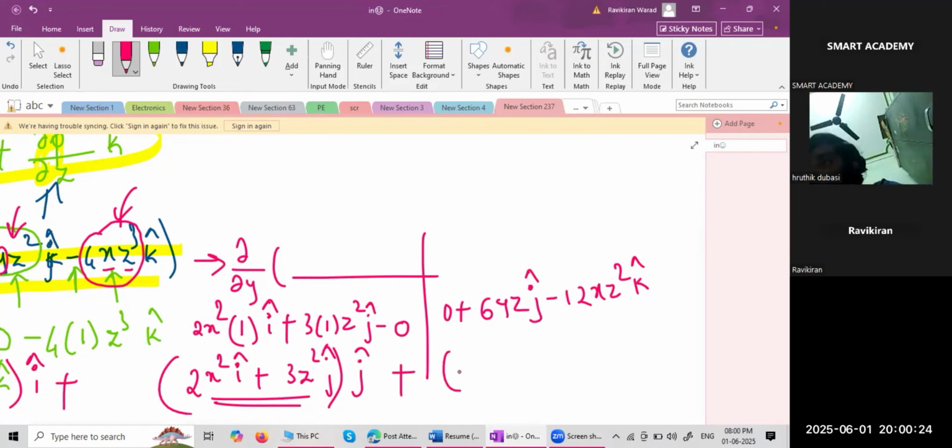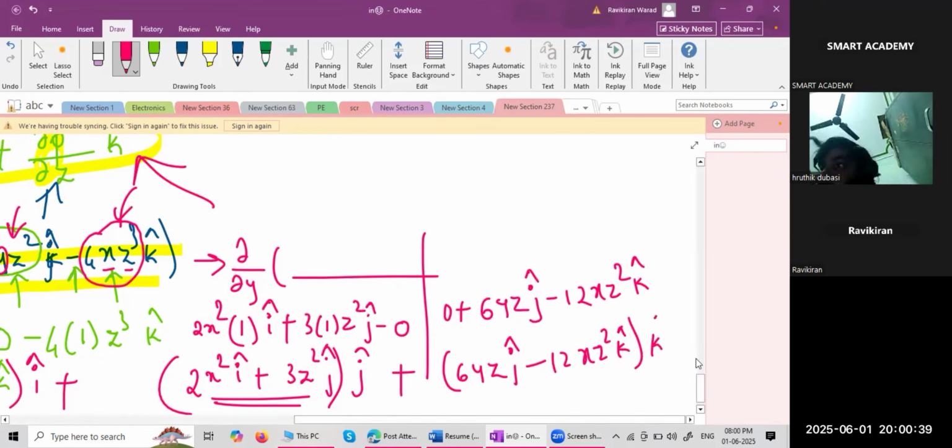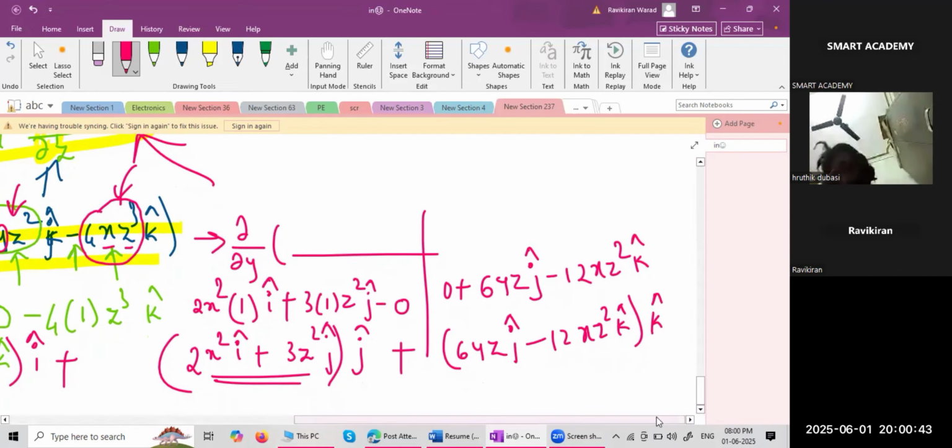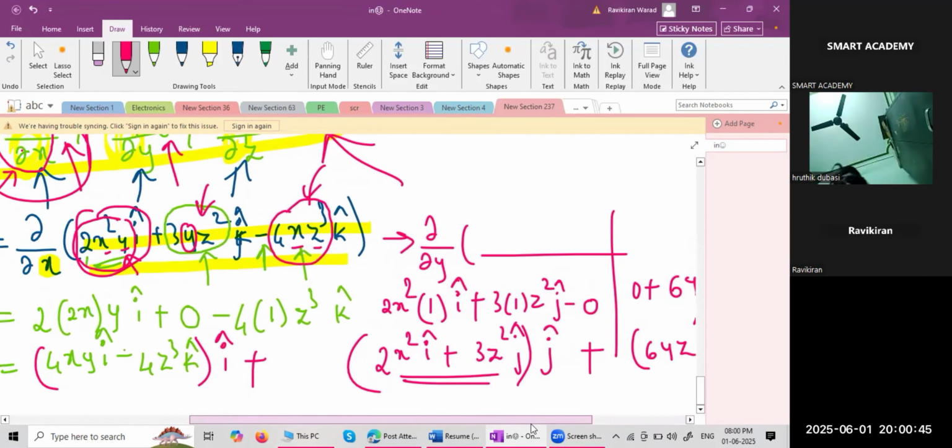Let me write this again: 6yz j cap minus 12xz square k cap. Right? What is there in this expression above this? k cap, no? Understood up to here? Any confusion?